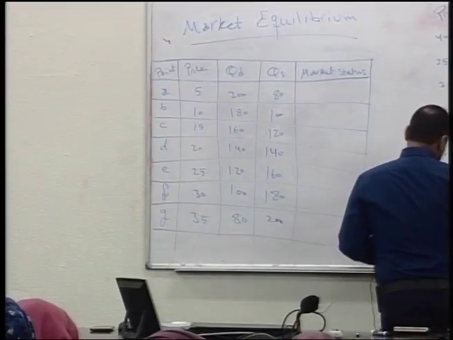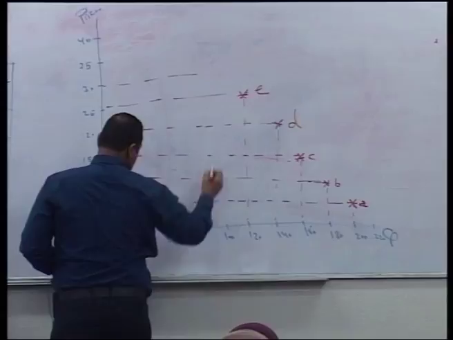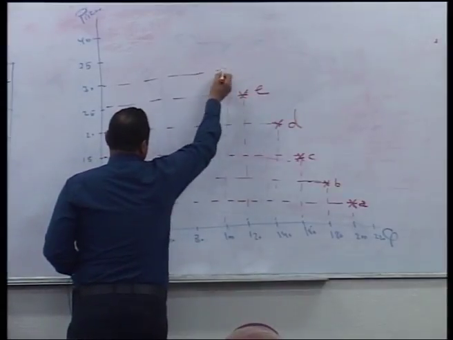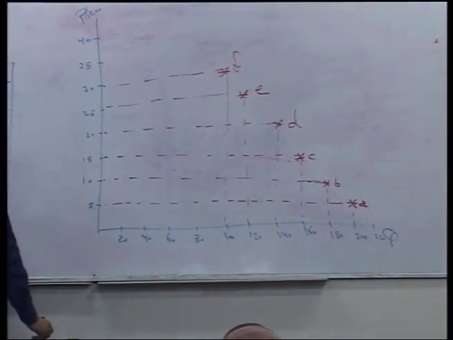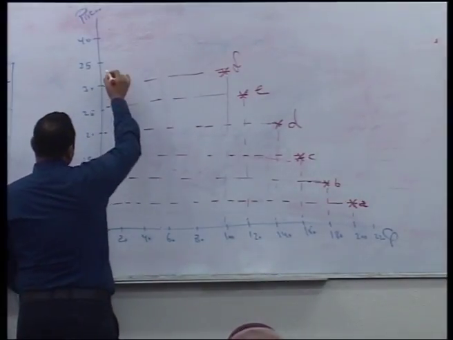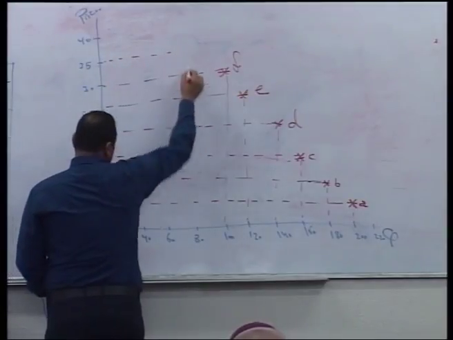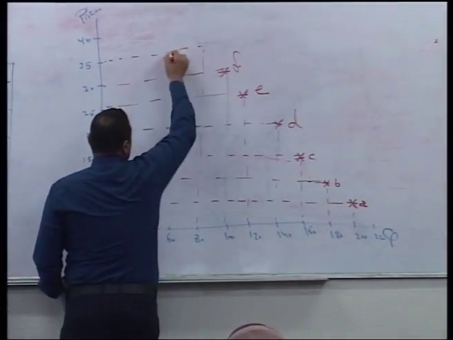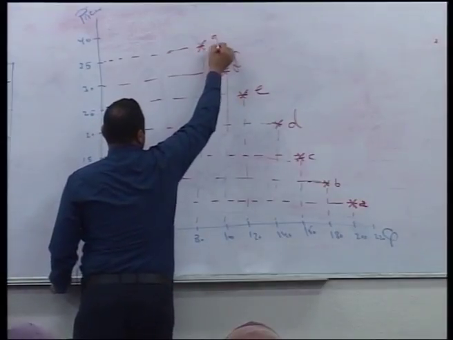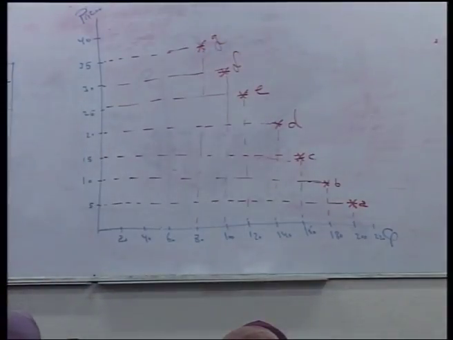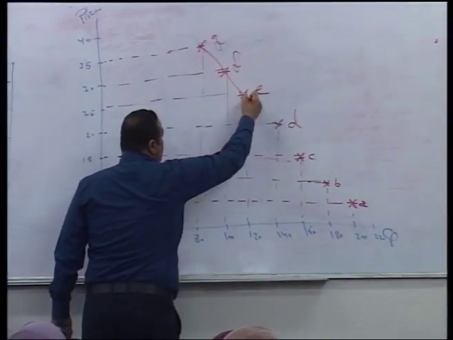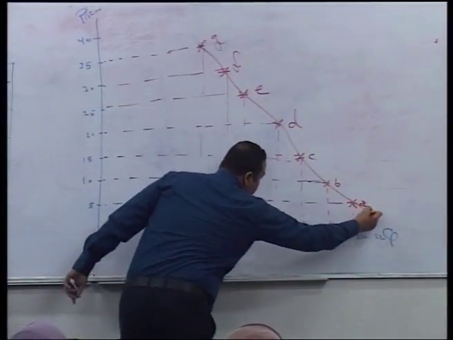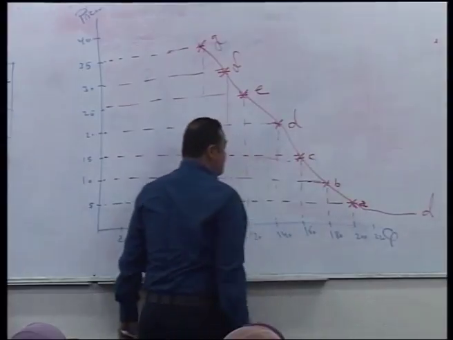F, 30, 100. G, 35 and 80. Now, let's connect these points. We will reach the demand curve. This is the demand curve.